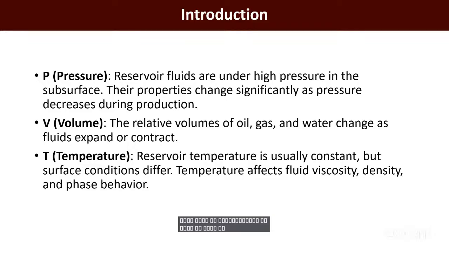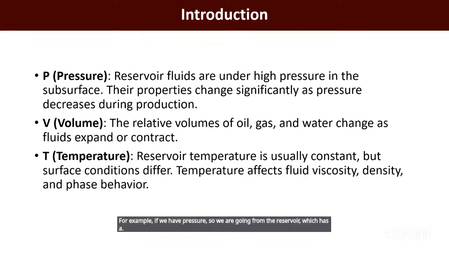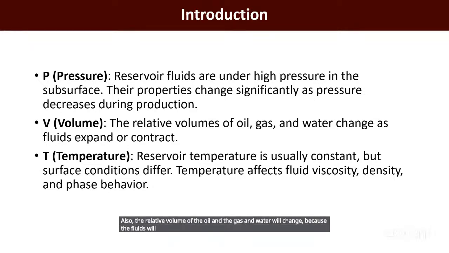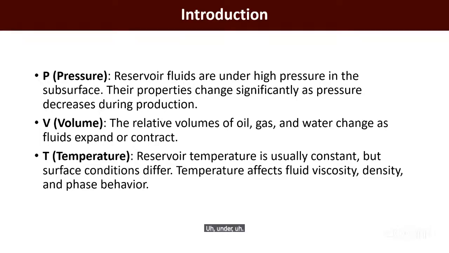And with this pressure drop and the temperature drop, of course, we will see gas releasing from the oil and becoming free from the oil composition. Also, the relative volume of the oil, gas, and water will change because the fluids will expand or contract under the change of the pressure and the temperature.